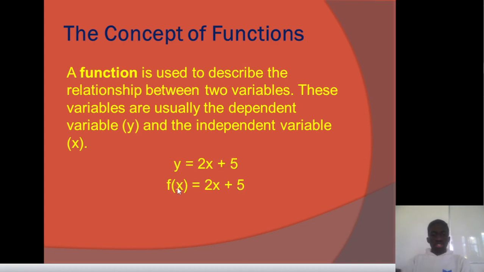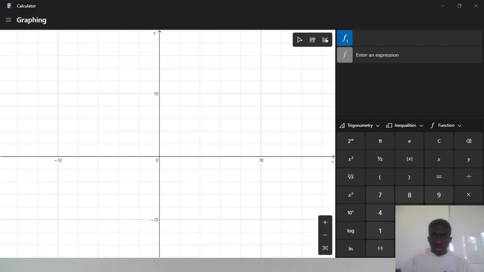It's just that in this case, this is a function notation. We're expressing this equation in terms of the function of x. So that's just the difference between these two cases. So basically, when you're talking about a function, you're going to come across a graph, a Cartesian plane, which has the y-axis and the x-axis.